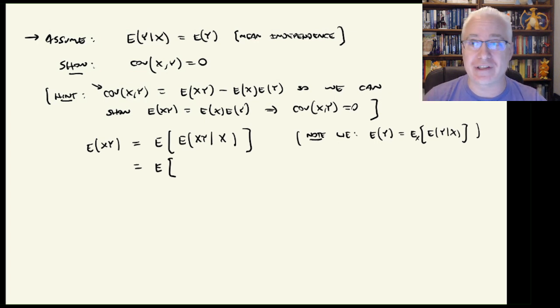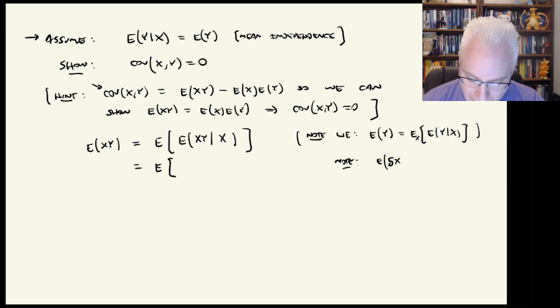We all know, for example, that the expected value of 5 times X is 5 times the random variable X, because 5 is a fixed number, we can pull it out of an expected value. As a side note, we all know that the expected value of, say, 5 times the random variable X is 5 times E of X.